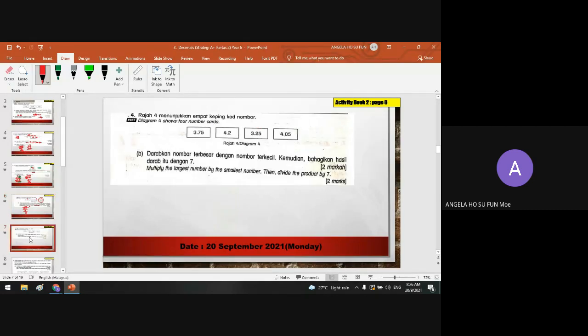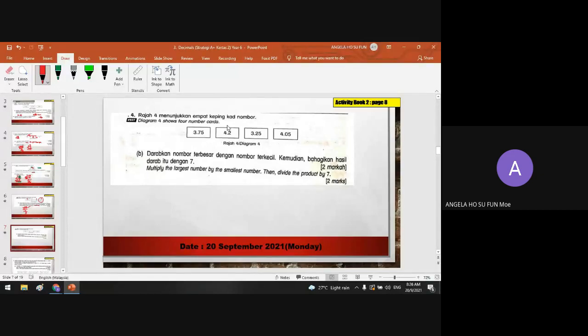How about B? Same number cards just now. They ask you in B: multiply the largest number by the smallest number. Then divide the product by 7. Product is hasil darab. It means you multiply first. After you multiply the largest number with the smallest number, then after the answer, you need to divide by 7.